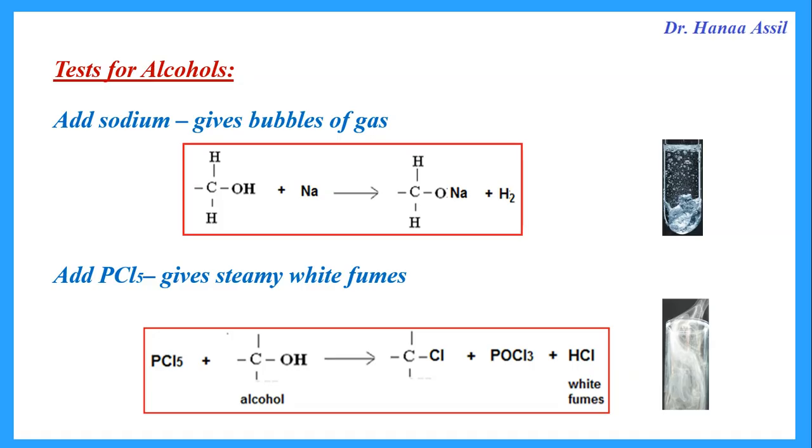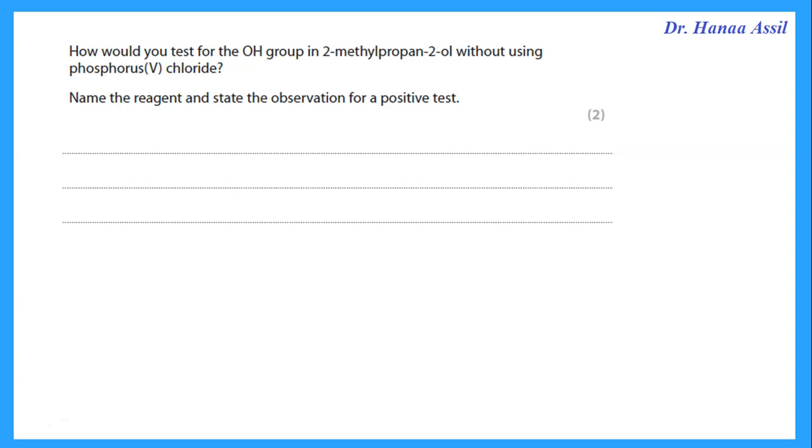Remember, these tests are the same for acids. They will do the same reactions with acids. So sodium will still give bubbles of gas with alcohols and with acids. PCl5 will give white fumes with alcohols and with carboxylic acids.